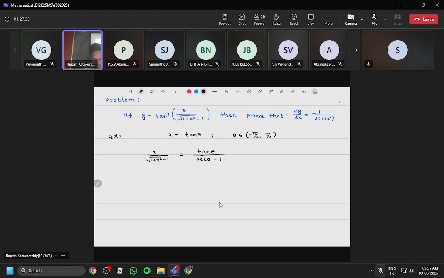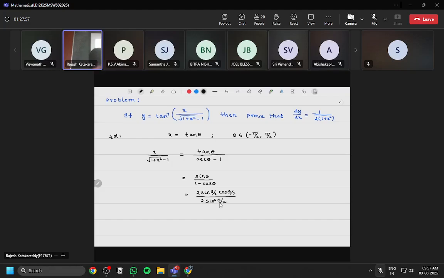Multiply and divide with cos theta. So this is sin theta by 1 minus cos theta. Using half angle formulas, this will be 2 sin theta by 2 into cos theta by 2 divided by the denominator, 2 sin square theta by 2.